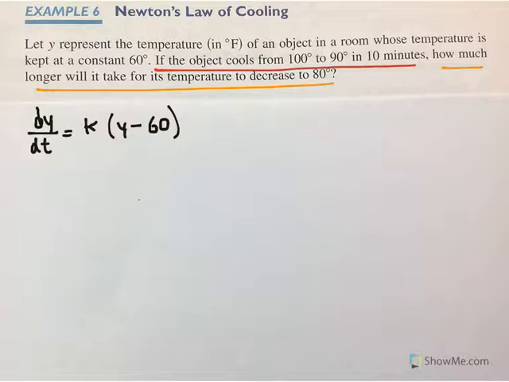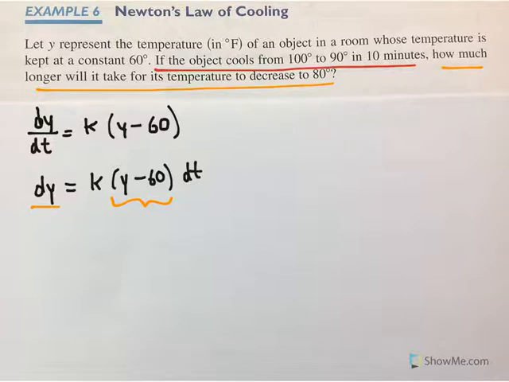So we need to begin by separating variables. So I can multiply both sides of this equation by dt. That would give dy is equal to k times y minus 60 times dt. Now I see that I have y minus 60 here, so I want to get that together with dy.